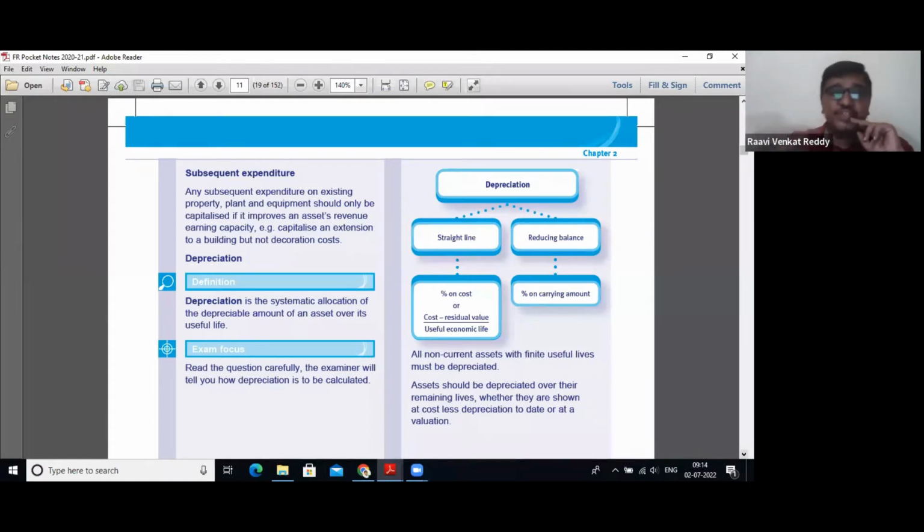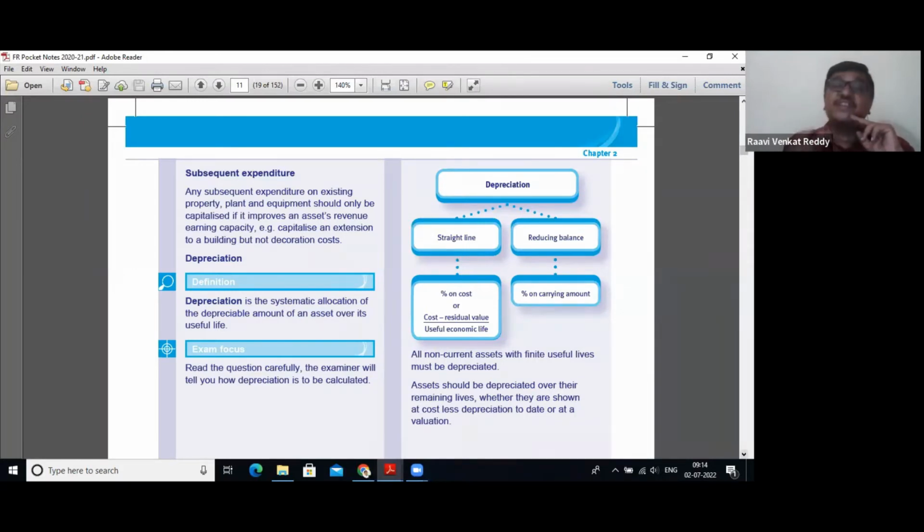Suppose you have a machine whose present capacity is to produce 10,000 units per year. You install a specific component on that machine, and after its installation, the capacity of the machine increases from 10,000 units to 20,000 units per year.